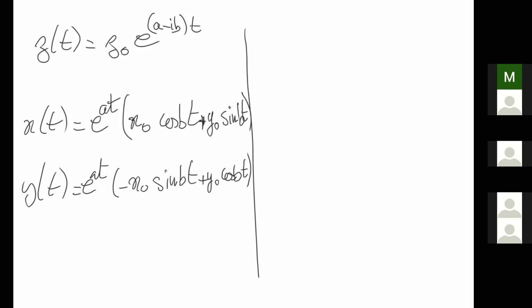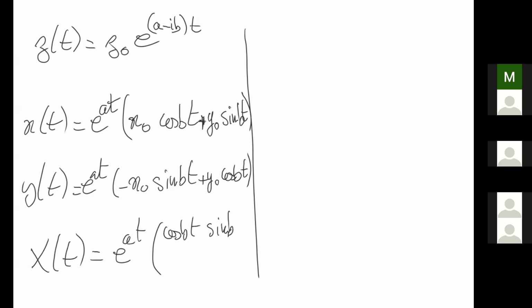So it writes x of t equals exponential at, and here I got cos bt, sine bt, minus sine bt and cos bt, times here x0, y0.